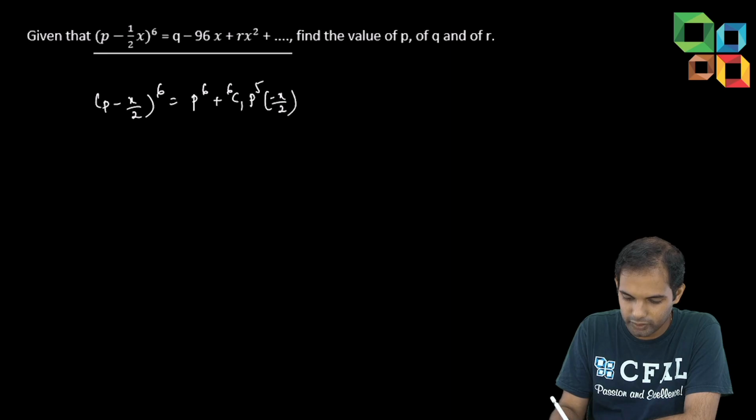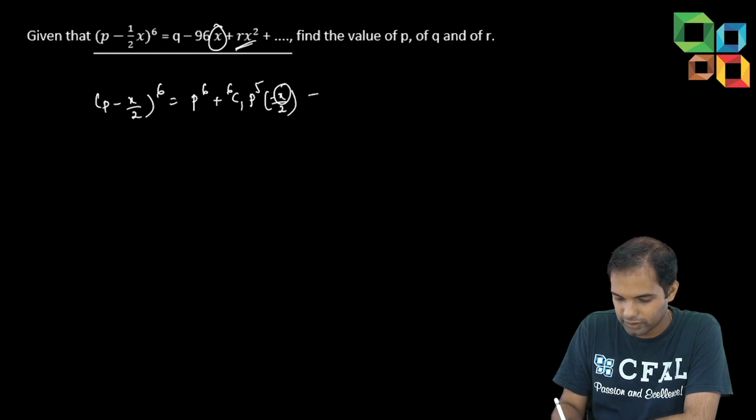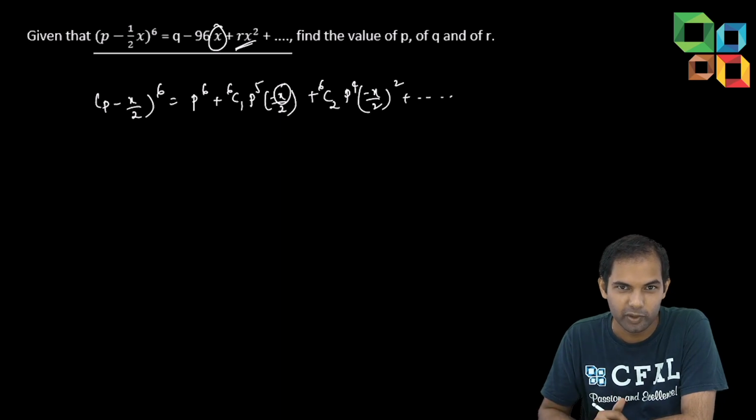See, look at the term. It should contain exactly one x. Right? Next term, because we have R also, would be P power 4 and this would be (minus x by 2) whole square. The coefficient is 6c2. Other terms we need not write because we don't have any information about them.